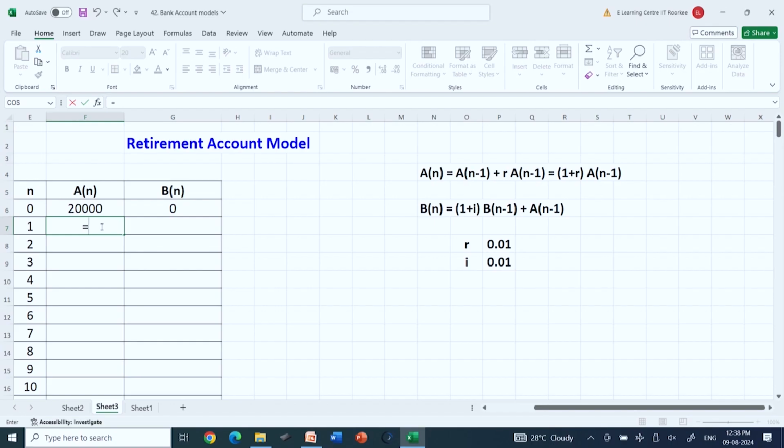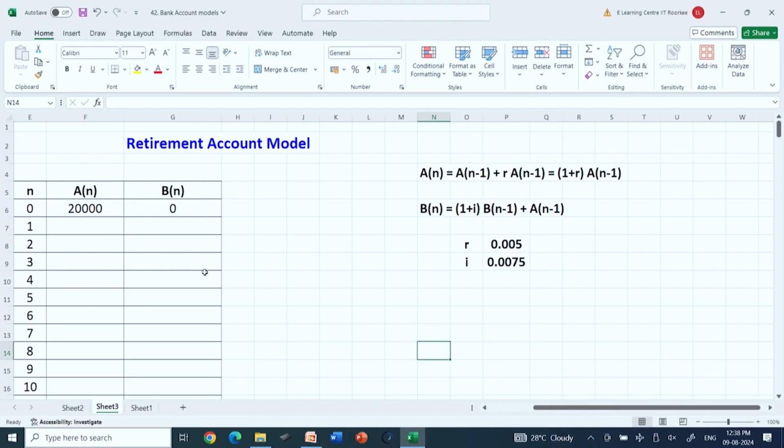Let us now calculate this value of An, which is equal to (1 + r), which is a constant, multiplied by A0, which is this value, and you get the value.